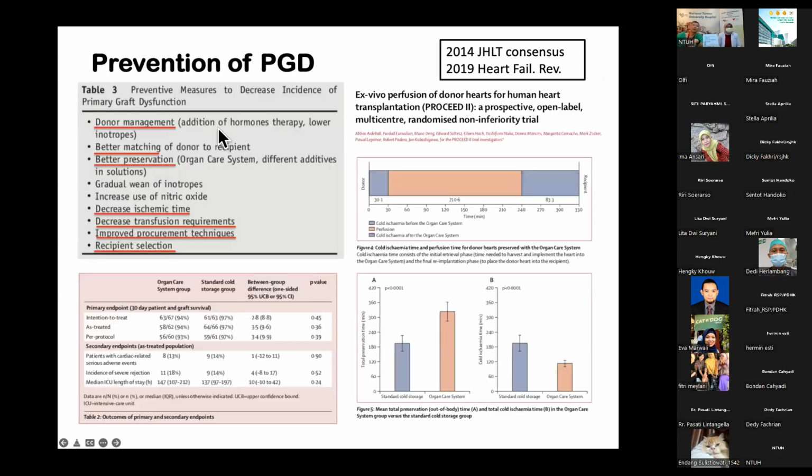Okay, so how to prevent graft failure? So you must do the donor management, better matching.